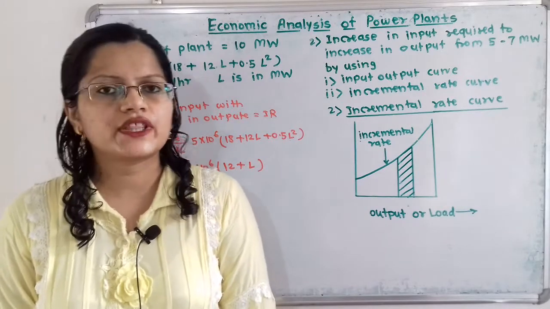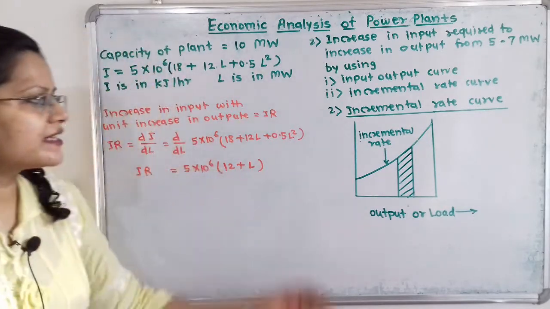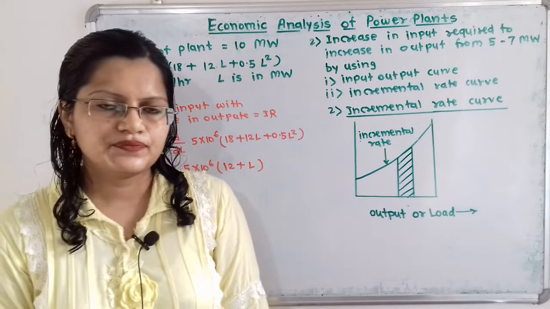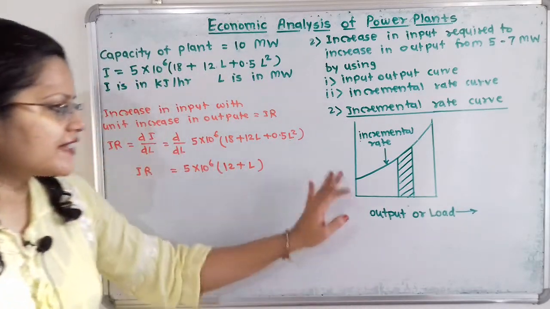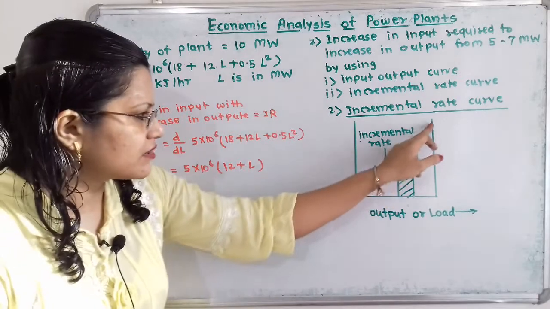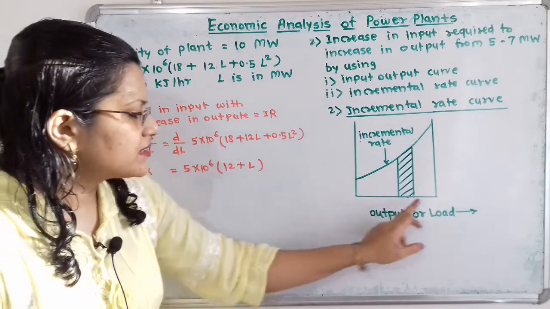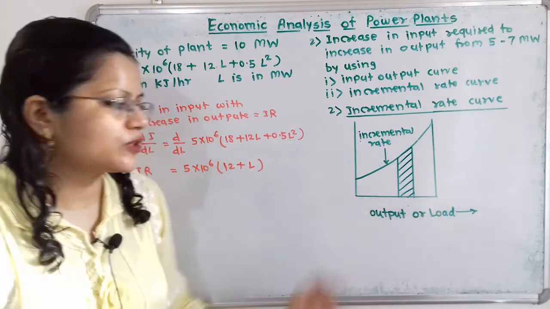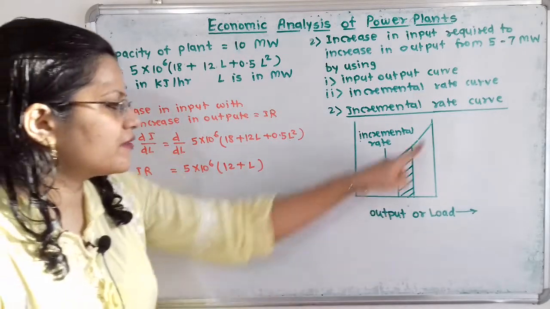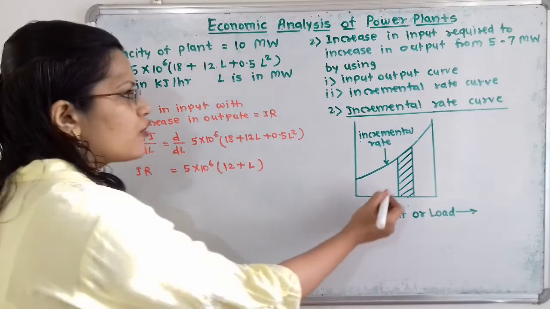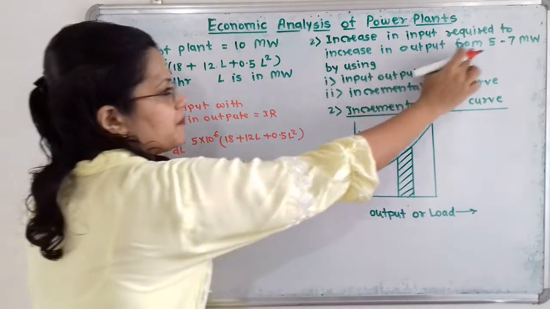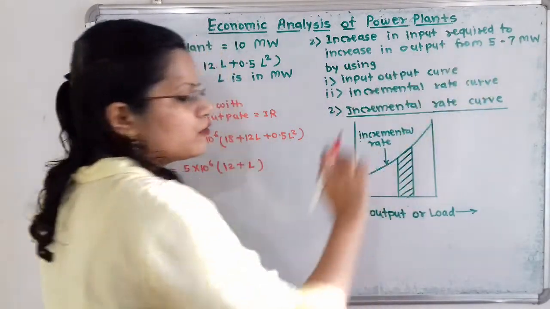Now we will move to the second method, that is the incremental rate curve method. If we observe the graph for this incremental rate curve, here is the curve, and the output or load is on the horizontal line, and the vertical line shows the incremental rate. Here the output or load varies from 5 megawatt to 7 megawatt.